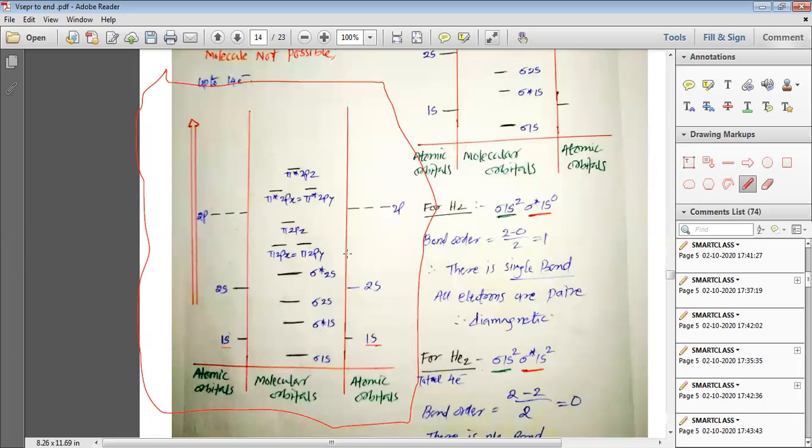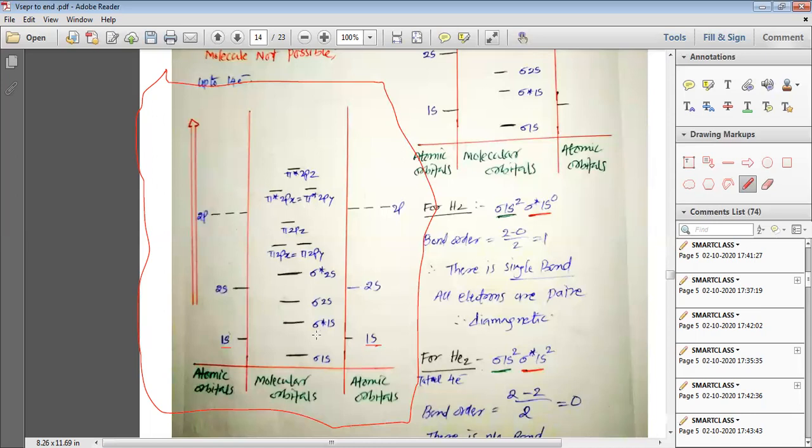At the same time, three antibonding molecular orbitals are also produced. They are the star orbitals. So we have pi star 2px and pi star 2py antibonding molecular orbitals. They have the same energy, but the sigma star 2pz orbital has slightly higher energy as compared to pi star 2px and pi star 2py orbitals.